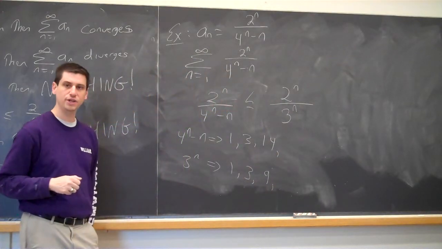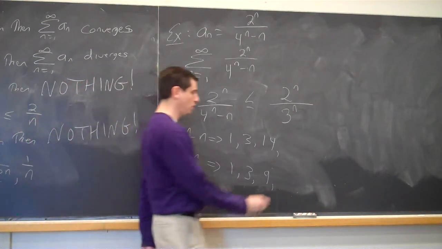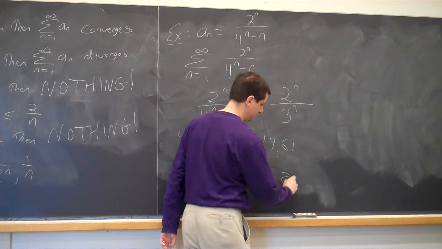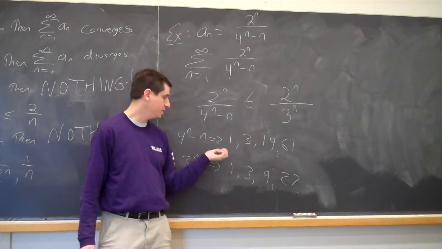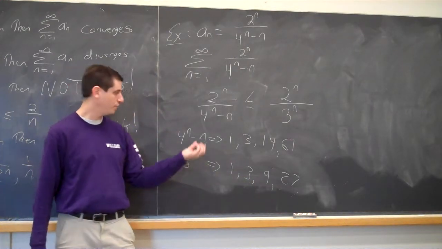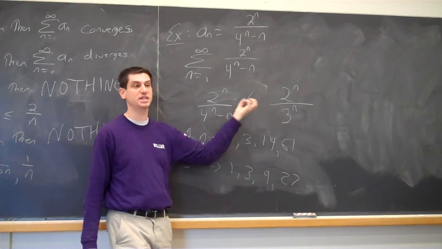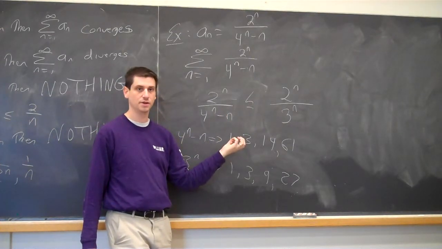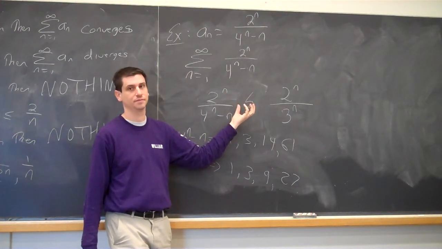When n equals 3, we get 64 minus 3 is 61, 27. We can see the 4 to the n minus n is growing much faster than 3 to the n. So if I replace the 4 to the n minus n with 3 to the n, I'm making my denominator significantly smaller. Thus I'm making the fraction significantly larger.